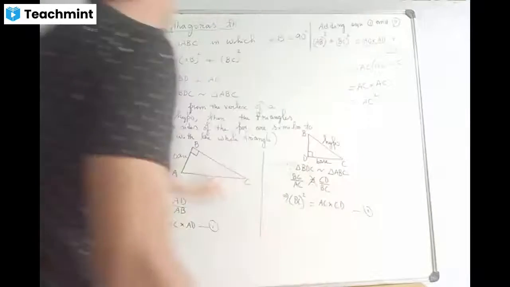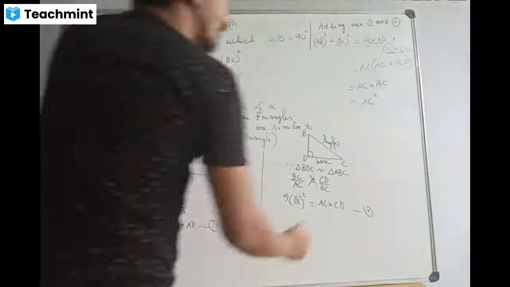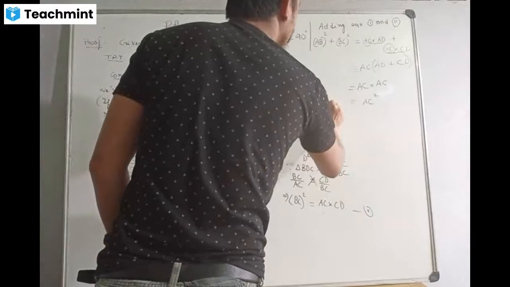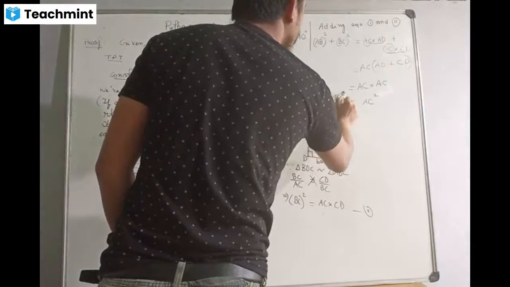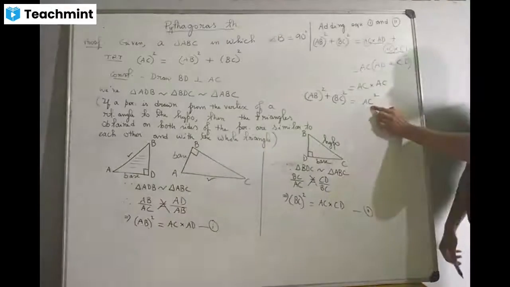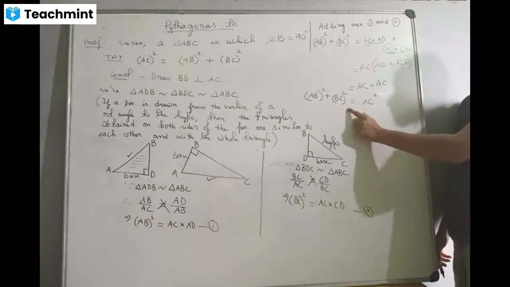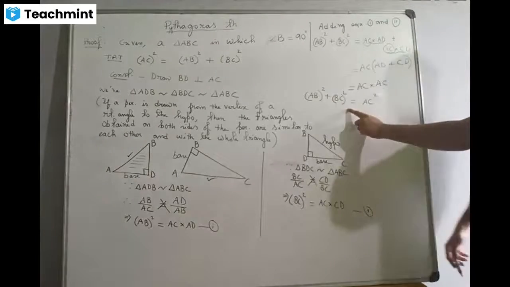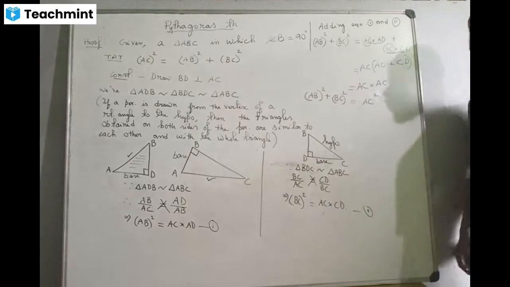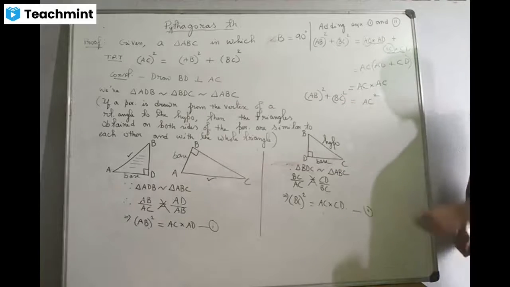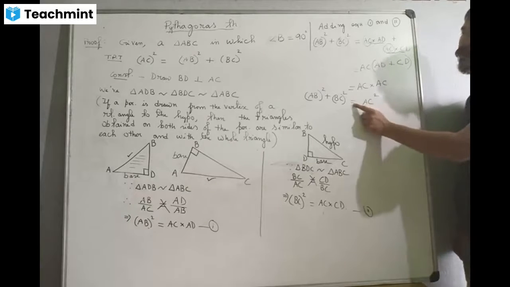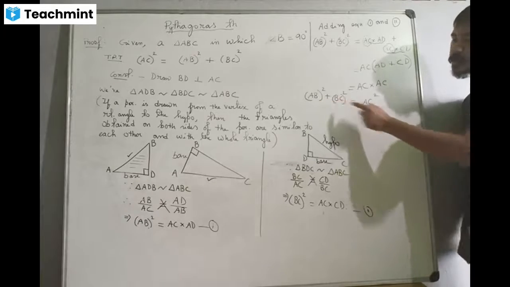So what we have proved is, AB square plus BC square is equal to AC square. So what did we prove? We proved that the square on the hypotenuse is equal to the sum of squares on the other two sides.